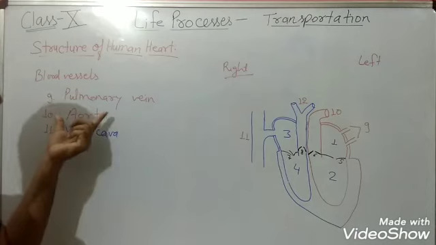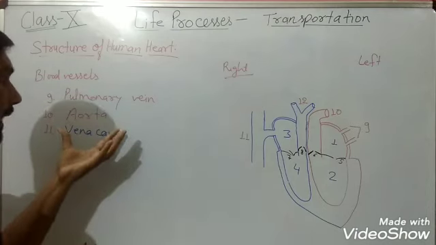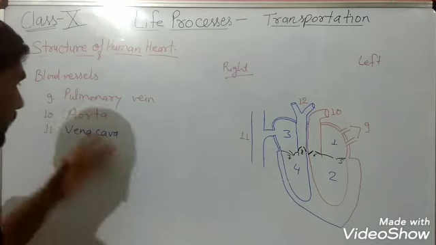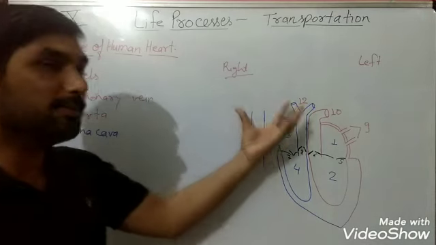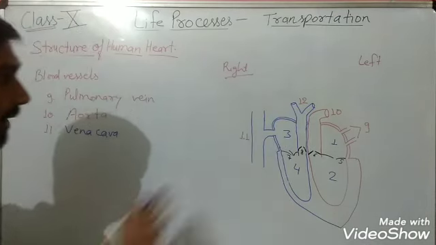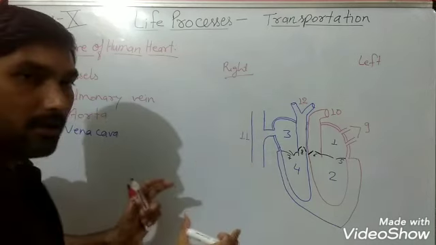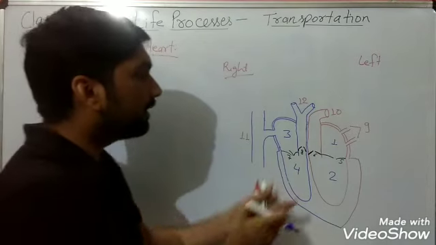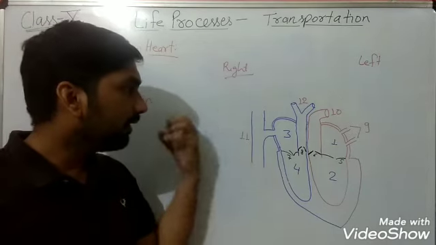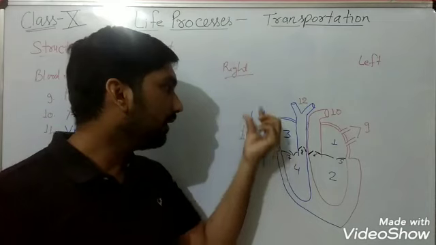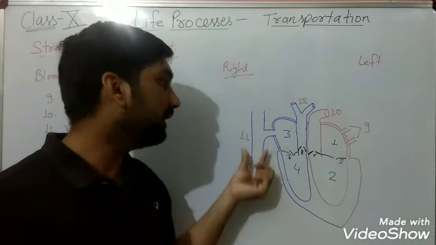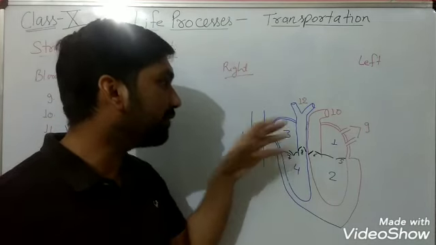We will discuss what we mean by aorta, vena cava, veins and arteries later, but first the names must be clear for each and every blood vessel. It is the main vein going towards the heart and providing impure or deoxygenated blood into the right atrium.